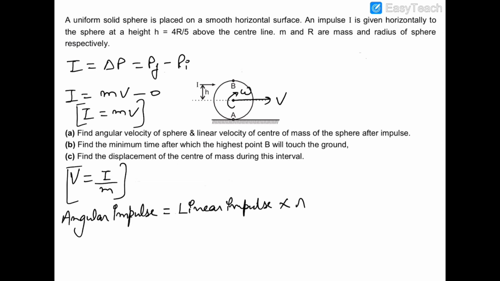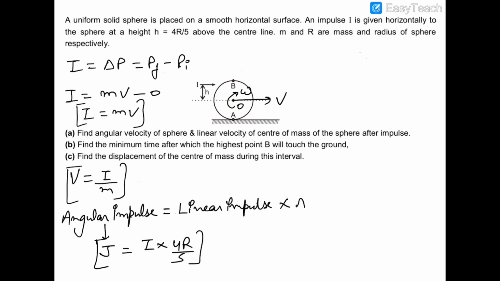So if we are calculating the angular impulse J about this point O, the center, then it would be I into 4r by 5, because this distance is given as 4r by 5, where this impulse is imparted from the center line.